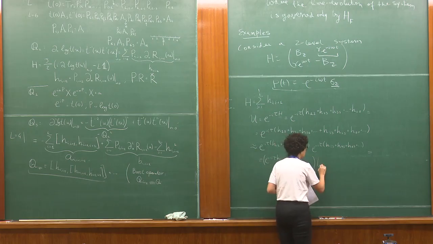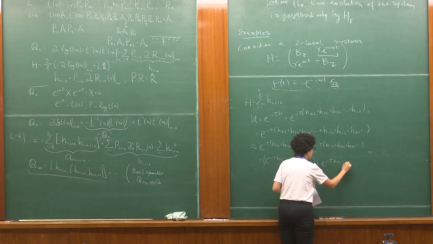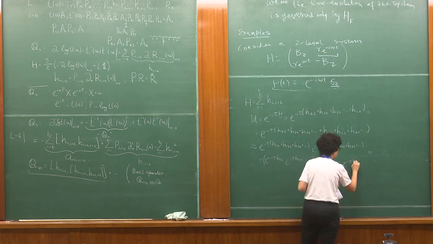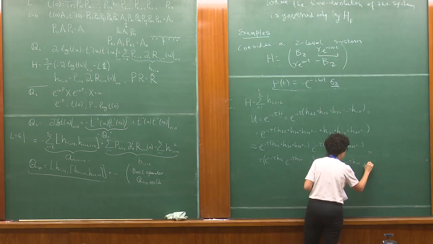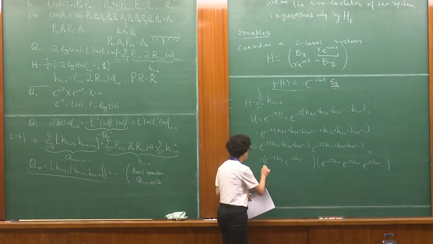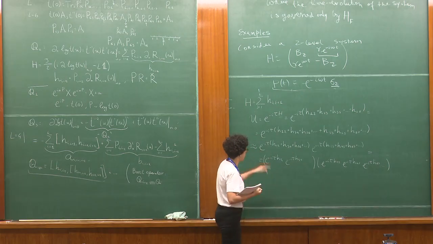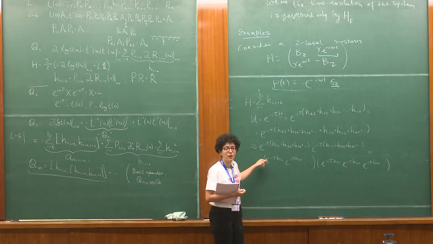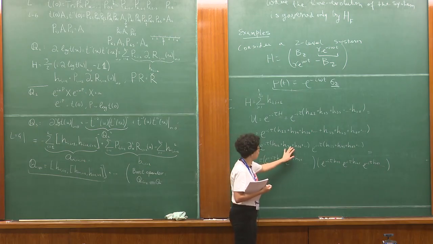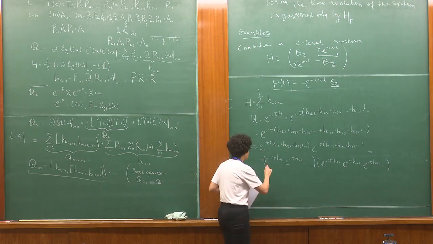And this is e to the minus i tau h23, e to the minus i tau h45, e to the minus i tau h67 and so on. This is exactly equal, not approximate, because all these terms commute.